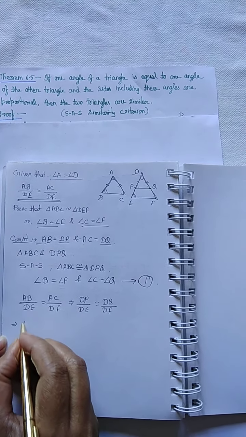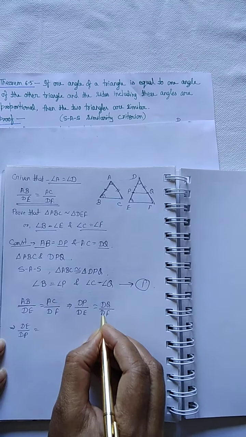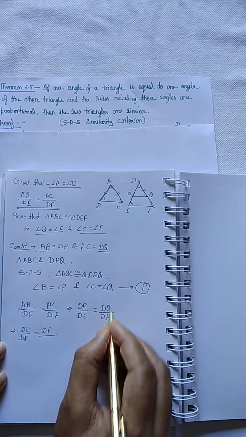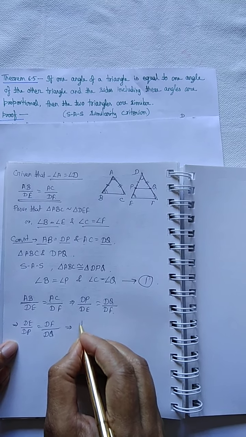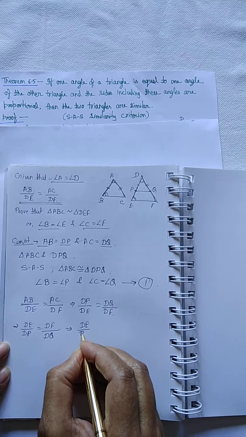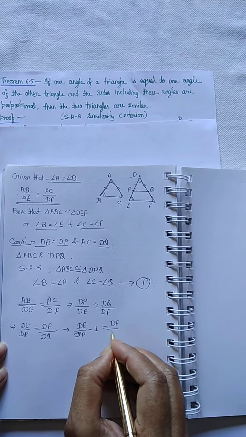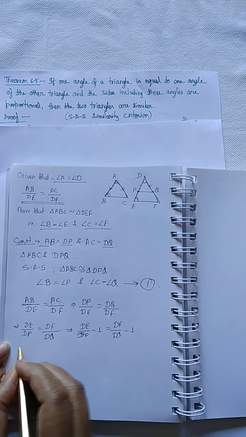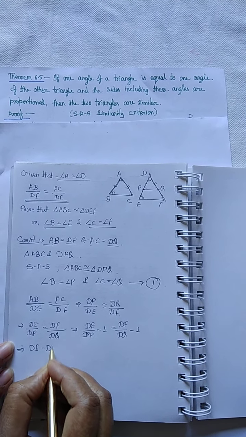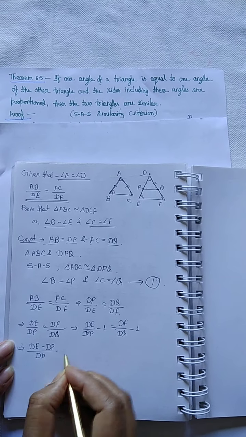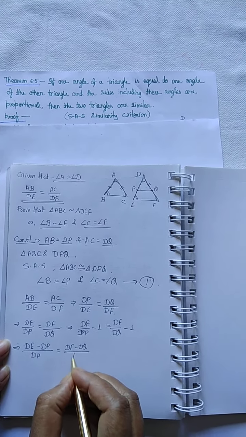So now DE by DP equals DF by DQ. Okay. Now we can also write it as DE by DP minus 1 equals DF by DQ minus 1, or DE minus DP by DP equals DF minus DQ by DQ.